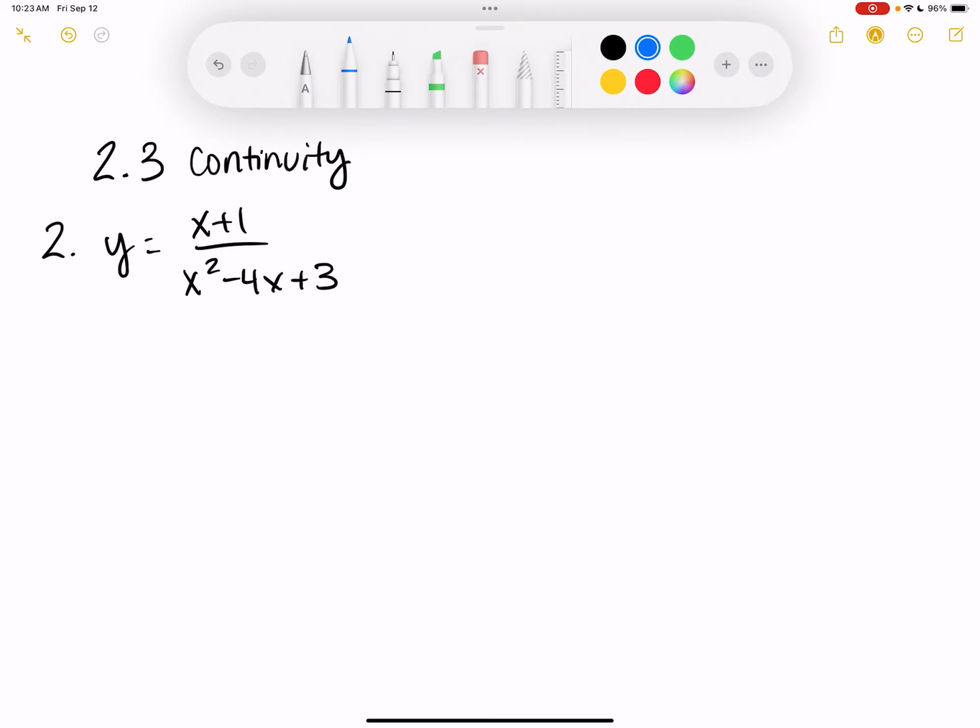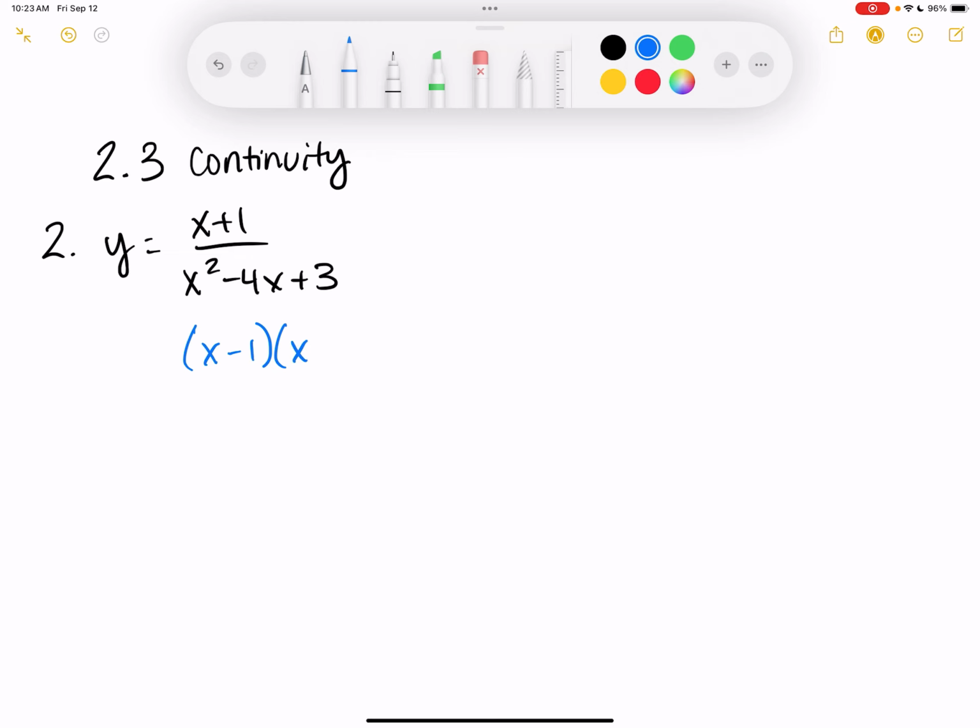So anywhere that it's undefined, I guess would be a better way to say it. I would need to factor this. What would the denominator factor into? x minus 1 and x minus 3.